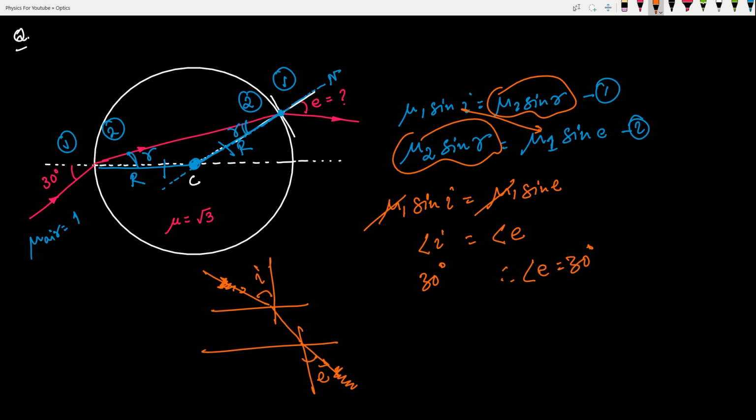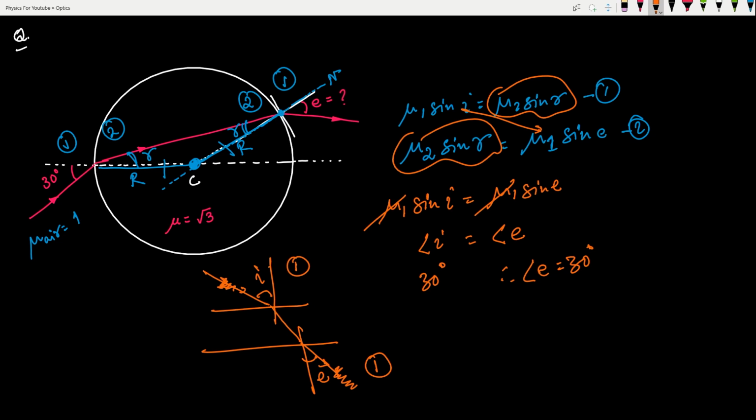That was the concept, and I said that it will be parallel and the angle of incidence will be equal to the angle of emergence only when the plane of entry is parallel to the plane of exit, and both media, the one it enters from and the one it exits into, are the same. Then this concept holds: angle I is equal to angle E, and both rays will be parallel.